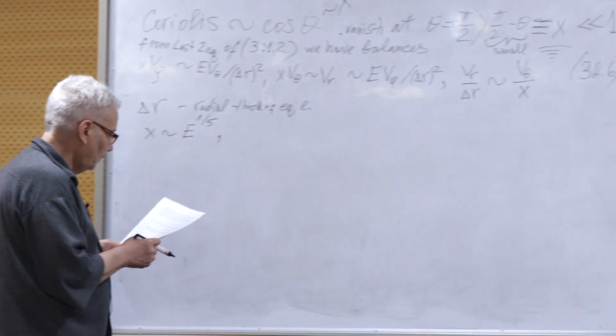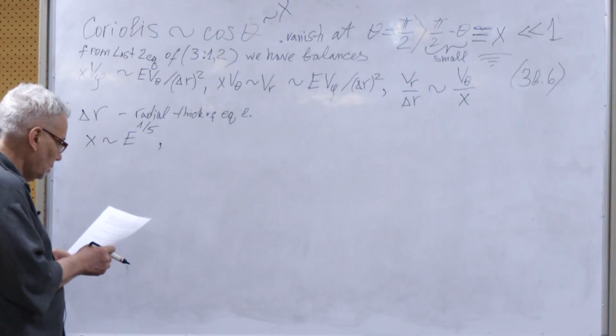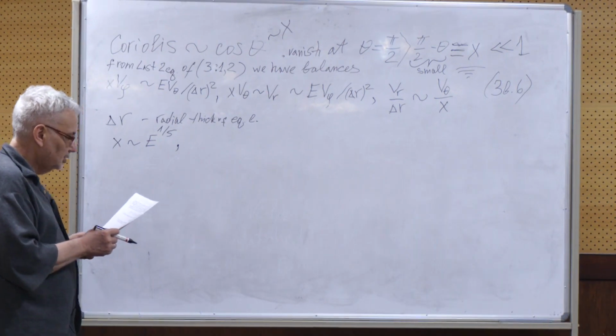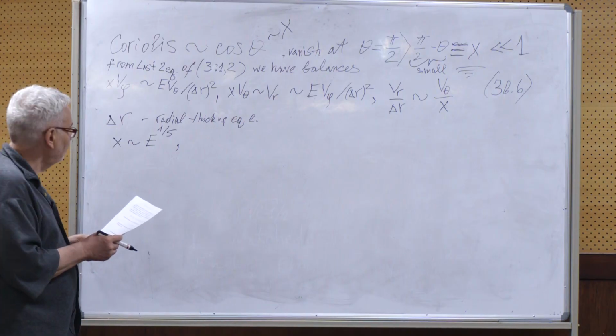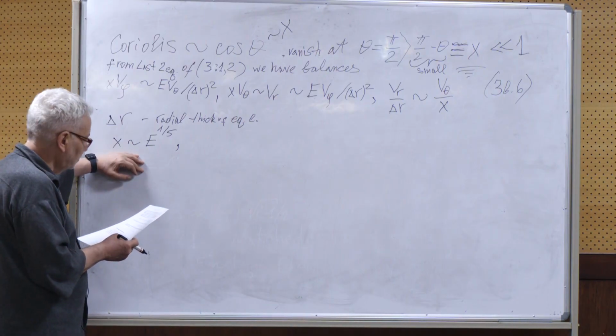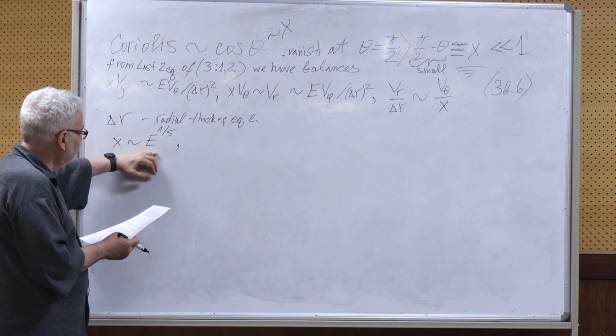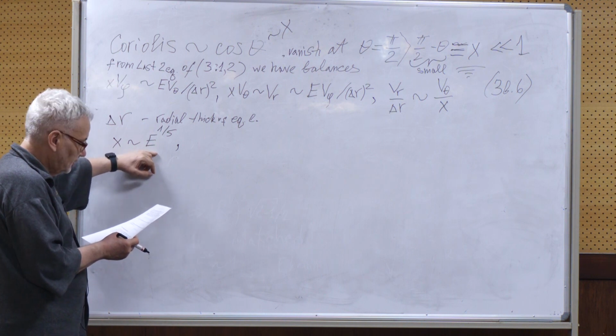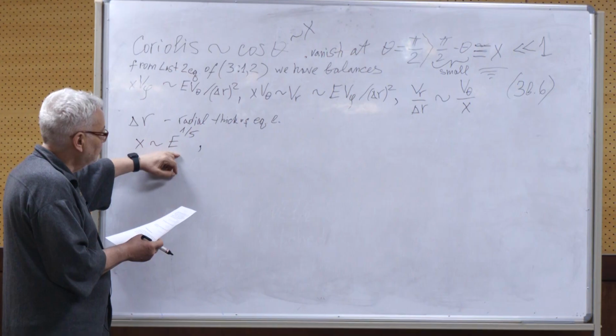But if we consider the next quantity, the thickness of the equatorial shear layer, which is associated here with x, it is E to 1/5, if we consider all the previous balances which I showed.